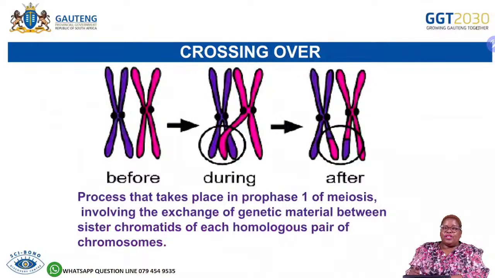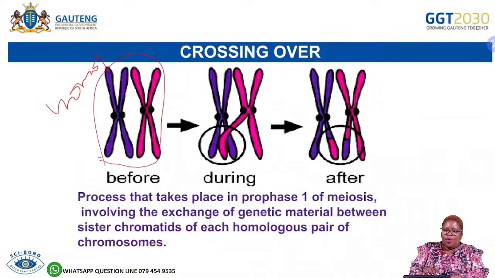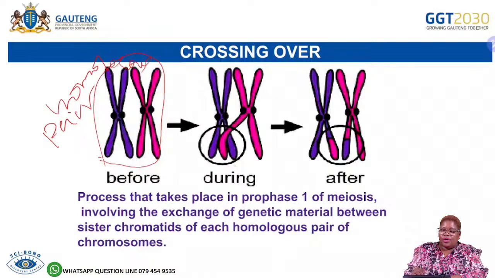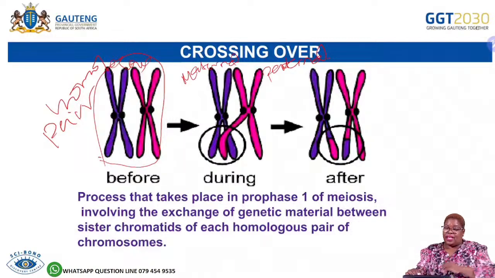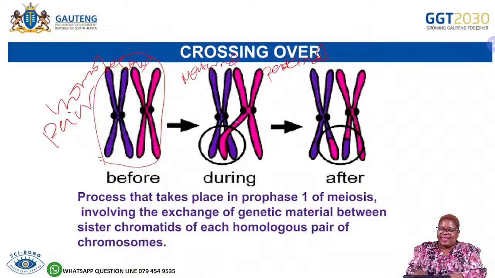Now, before crossing over takes place, chromosomes are in their homologous pairs. That is before crossing over. Now, during crossing over, let's check. Remember, we've got maternal, and this one will be from paternal. During crossing over, the chromatid of maternal overlaps with the chromatid of paternal.